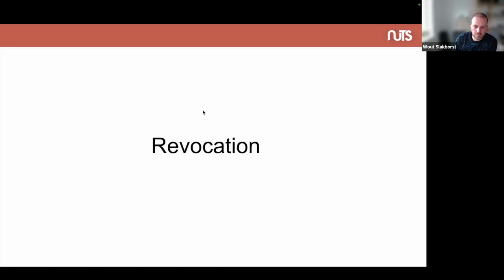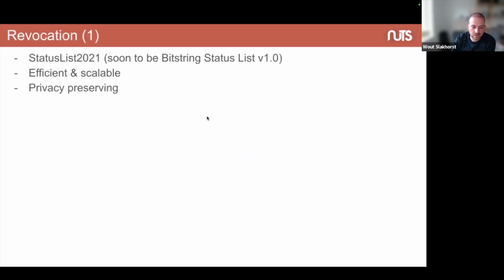Okay, the current NUTS network also handles revocations. Now there is a new standard. Well, actually, there's a current standard, and there will be a newer one. We don't know when that's happening, but probably in the next few months, which is called Status List 2021.